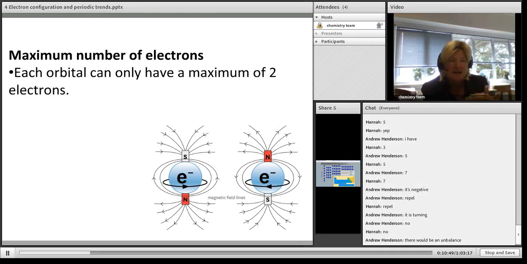So the maximum number of electrons we can have in an orbital, or a region where you'd find an electron, is 2. You'd never get more than that. So if we've got a region or an orbital, it can be empty, or it can have 1 electron in it, can have 2 electrons in it, but it can never have more than 2. So is that clear?